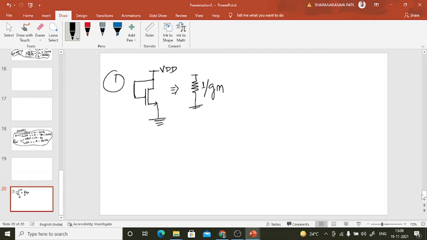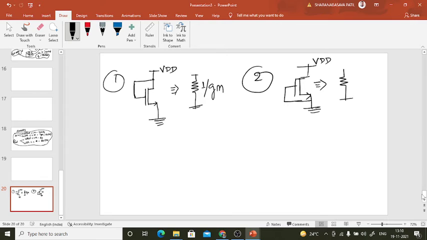And second thing is, try to remember this configuration. These things will help while solving the problems. When the gate is connected to source, this gives an equivalent resistance of R0. And the same goes with PMOS also.